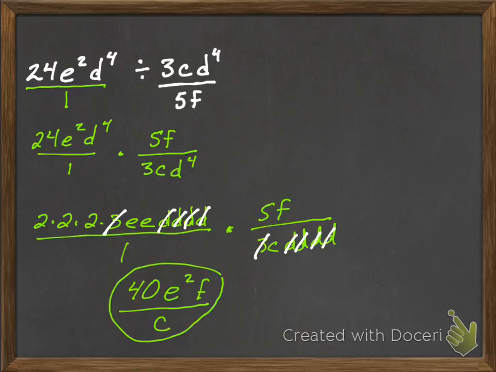Now keep in mind, I just wrote all these variables out like this for demonstration purposes. Most of the time you're not going to do this. You would just leave it as d raised to the fourth power, and the same thing down here, and understand that you would cancel those.